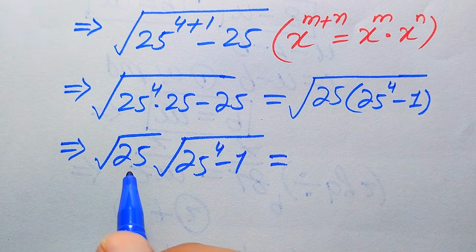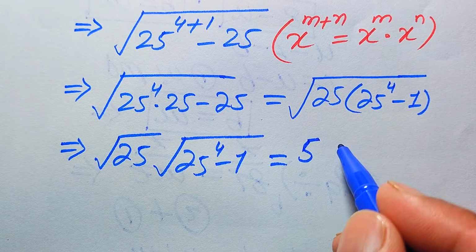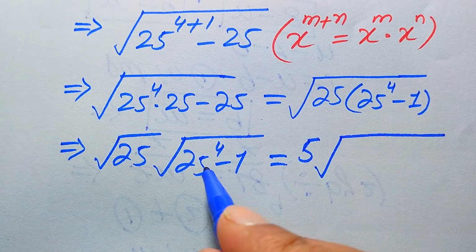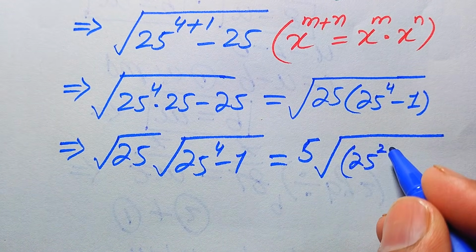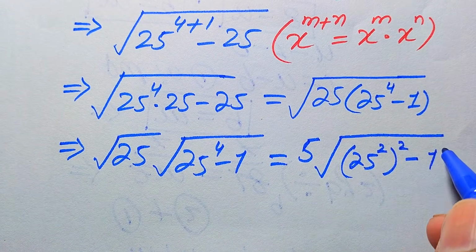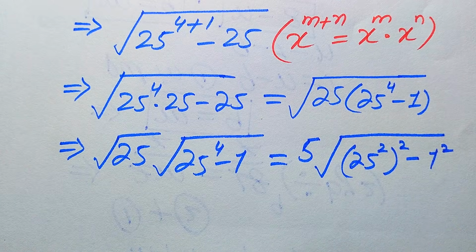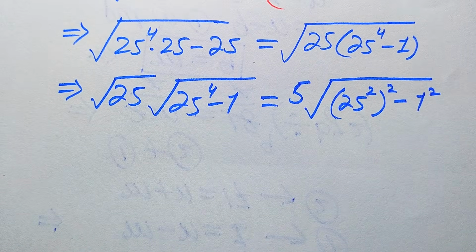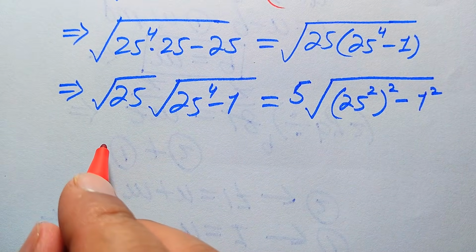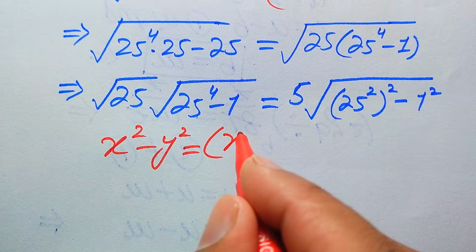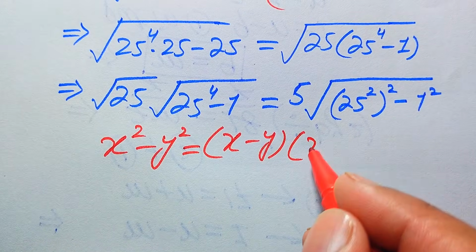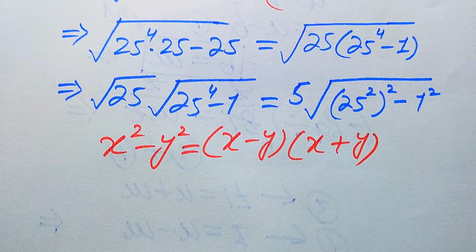You very well know that the square root of 25 becomes 5, into the square root of, we write this 25 to the power of 4 as 25 squared, whole squared, minus, we write this 1 as 1 squared. And now in the next step we use the algebraic formula: x squared minus y squared equals x minus y times x plus y.